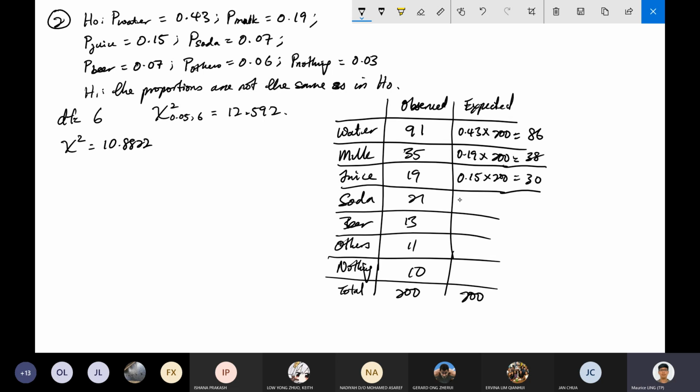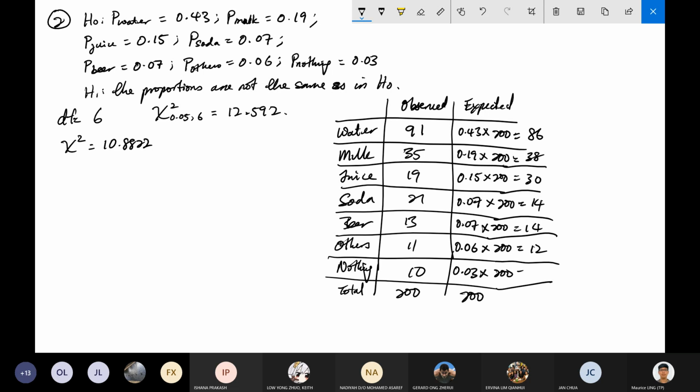Soda is 0.07 multiplied by 200, you get 14. Beer is also 0.07 multiplied by 200, you get 14. Others is 0.06 multiplied by 200, you get 12. And finally 0.03 multiplied by 200, you get 6.